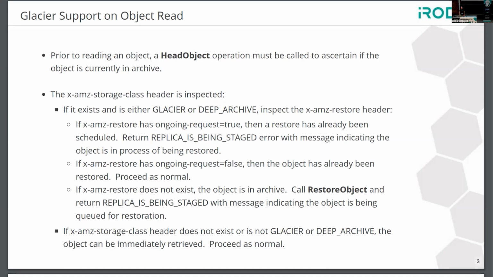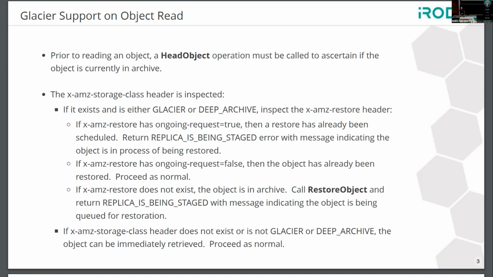We have to inspect the XAMZ restore header also. And if it says ongoing request equal true, that means someone has already scheduled the restoration, but it hasn't been completed yet. So what we do in that case is we return an error, replica is being staged error, with a message saying that restoration is in progress.